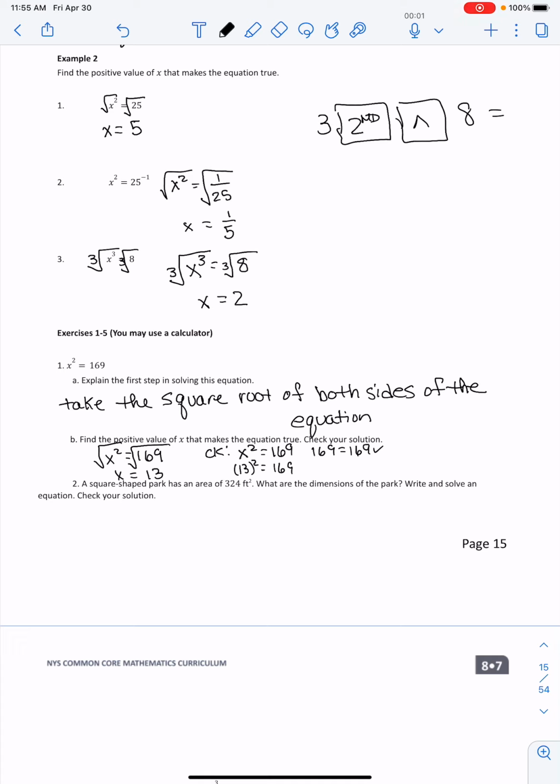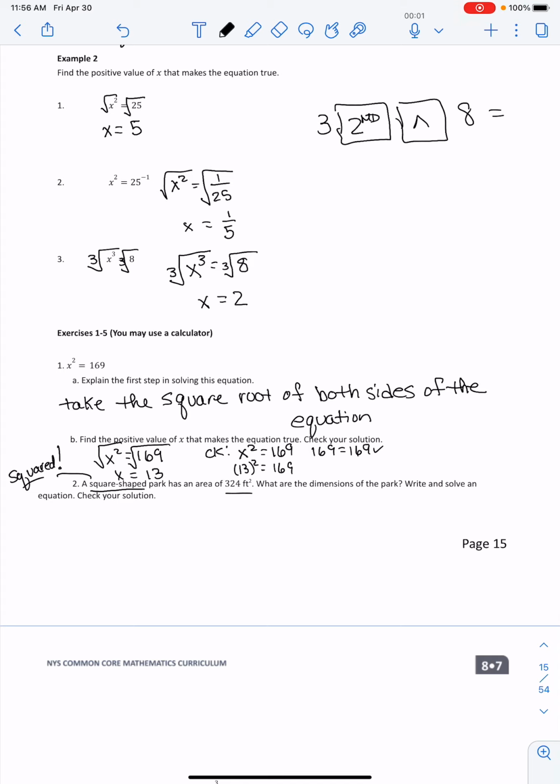So number 2 says a square-shaped park has an area of 324 feet squared. What are the dimensions of the park? Write and solve an equation. Check your solution.